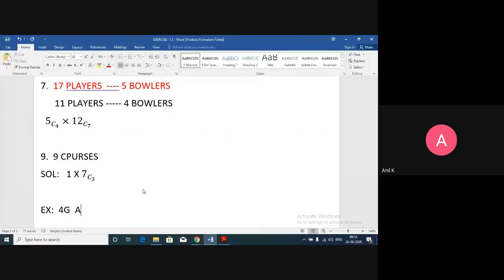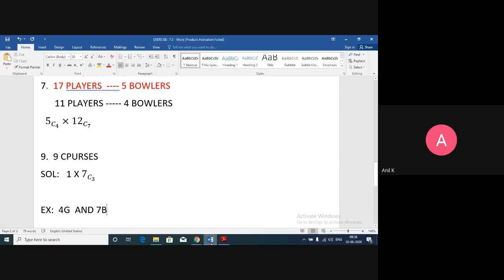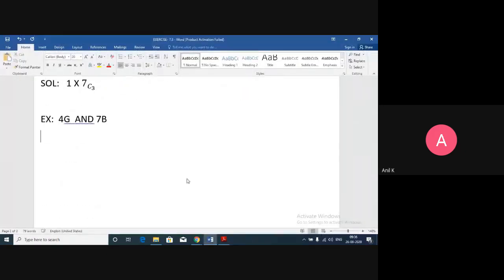In how many ways can a team of 5 members be selected? First question, no girl. Second question, at least one boy and one girl. Then at least 3 girls. So first I'll go for no girl. A team of 5 members. You have to make a team of 5 members.